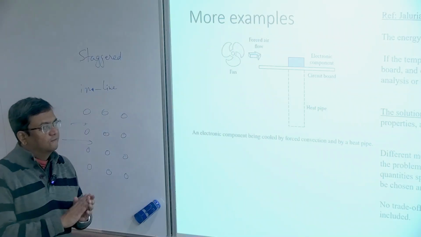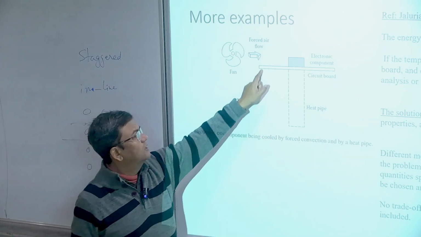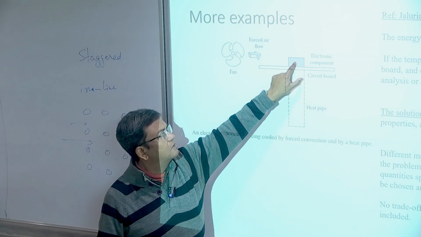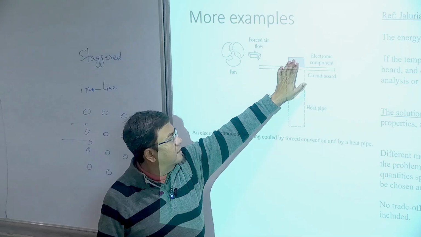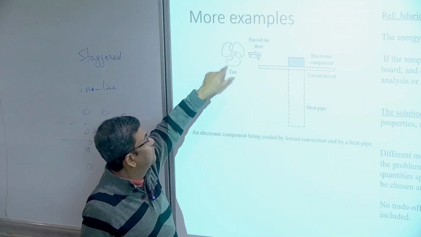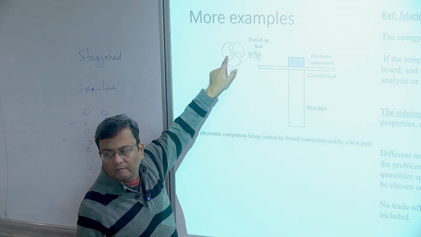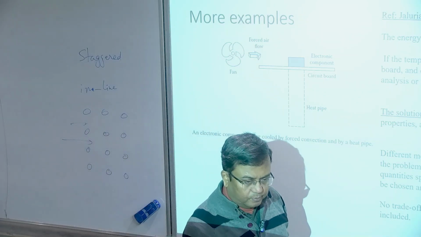Now, the first thing to understand is that if I give you the dimensions of the circuit board, dimensions of the electronic component, all material information, the heat dissipation rate, and also the fan capacity, then you can solve this problem.